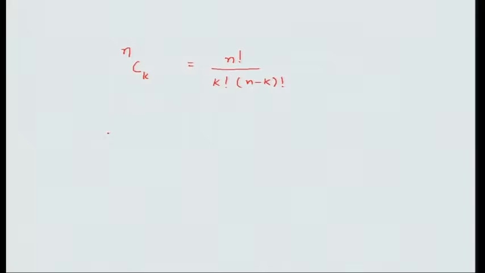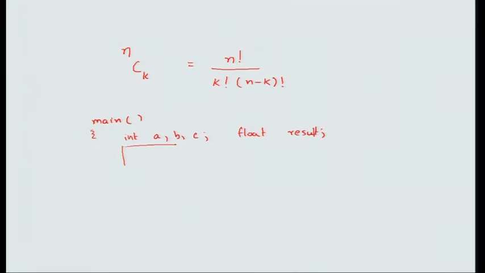Now suppose I want to encode this into a C program. I will have a main function, and inside the main function I will have, let's say, 3 variables a, b, c, and then a float result, because the result of a division will be a float.